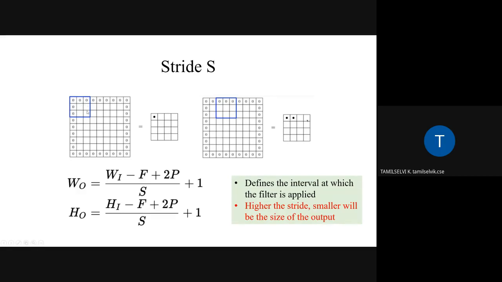If you want this pixel to be the next pixel of interest, your kernel should be here. Now stride is 2. Because of stride 2, I have skipped one, and now my pixel of interest is this one. Okay, that's it.